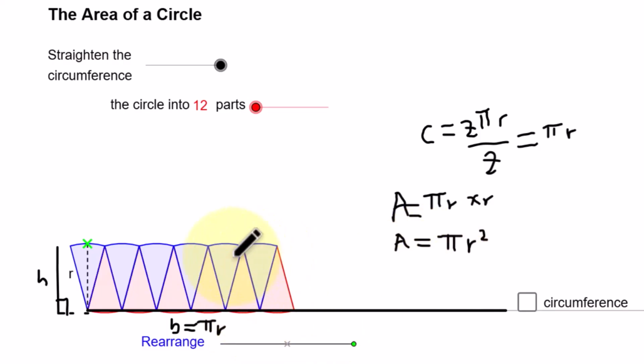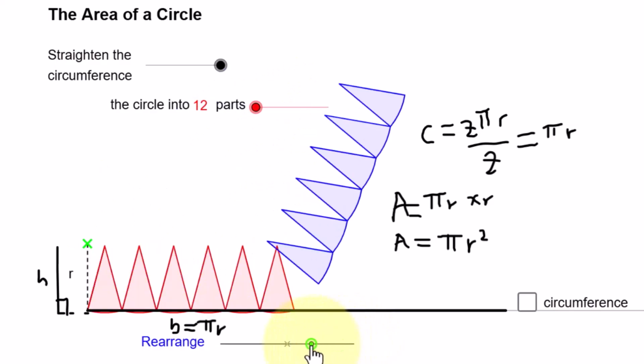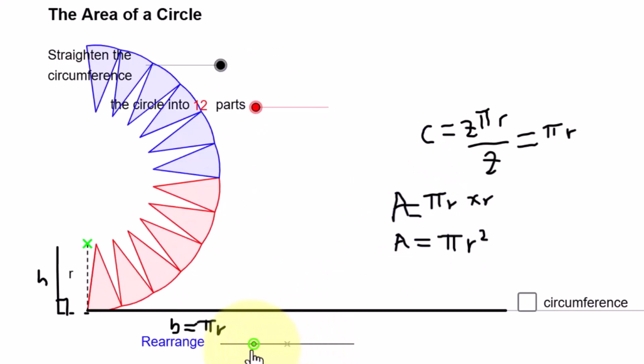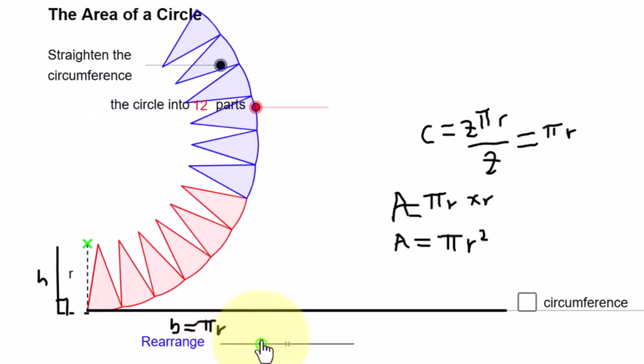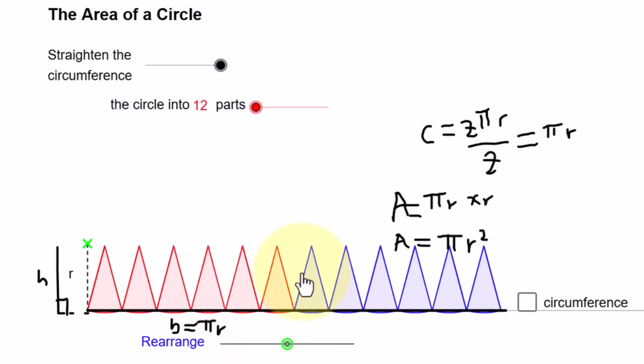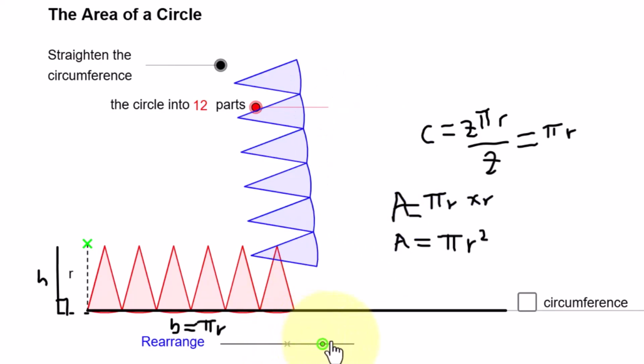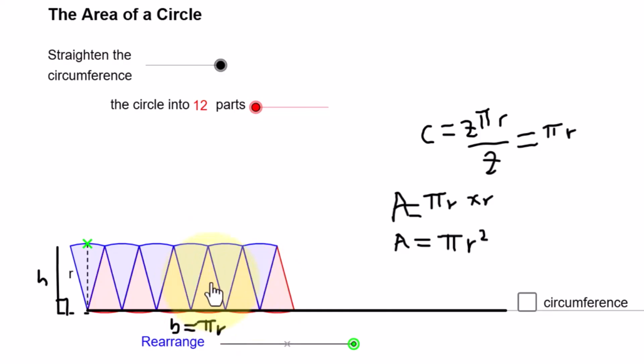It actually came from a circle that is divided into smaller sectors. Then by the time you open this into a circumference, something like this. Let's go back so that you see it again. This is a circle I divided into 12 smaller sectors. By the time I open it into a circumference, you see. Then I now fold half of it. So this is half of the circle, and now I fold it into a parallelogram.